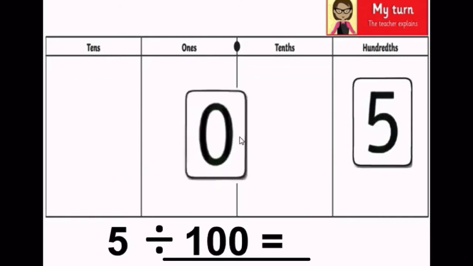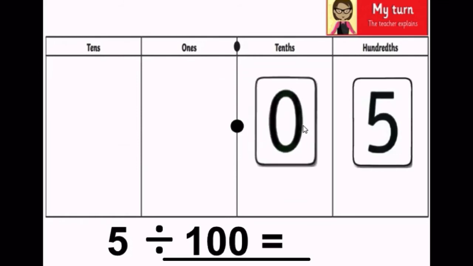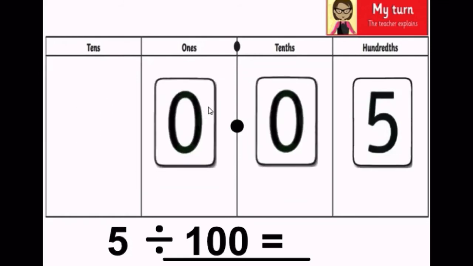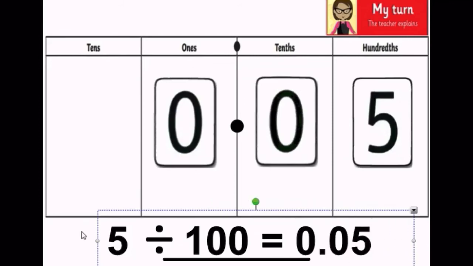And now I need to use my zeros as placeholders. That shows no tenths, and that 0 there shows we don't have any ones now. So now that will help me to write my answer. So my answer to 5 divided by 100 is 0.05, 5 hundredths, 0.05.